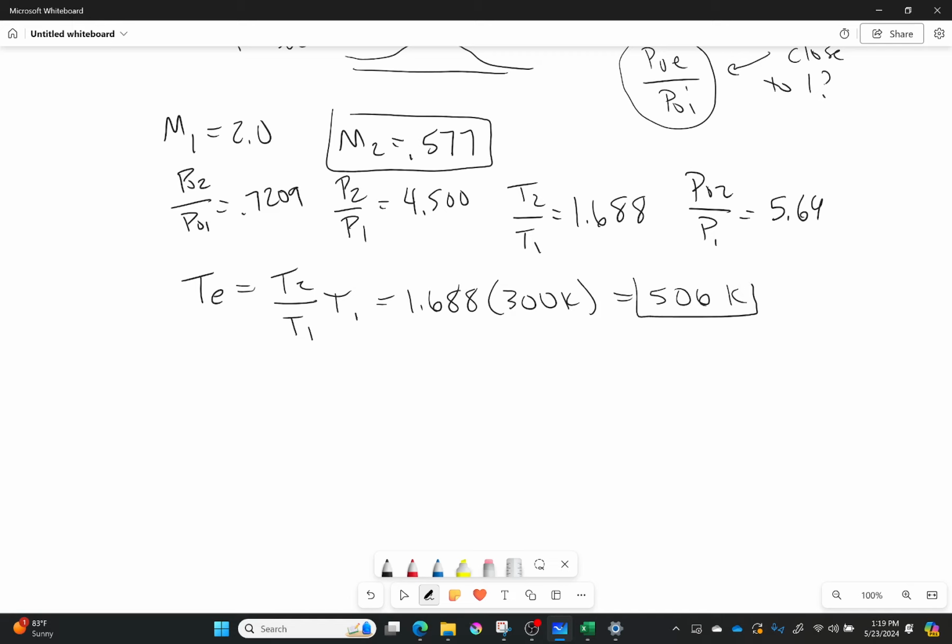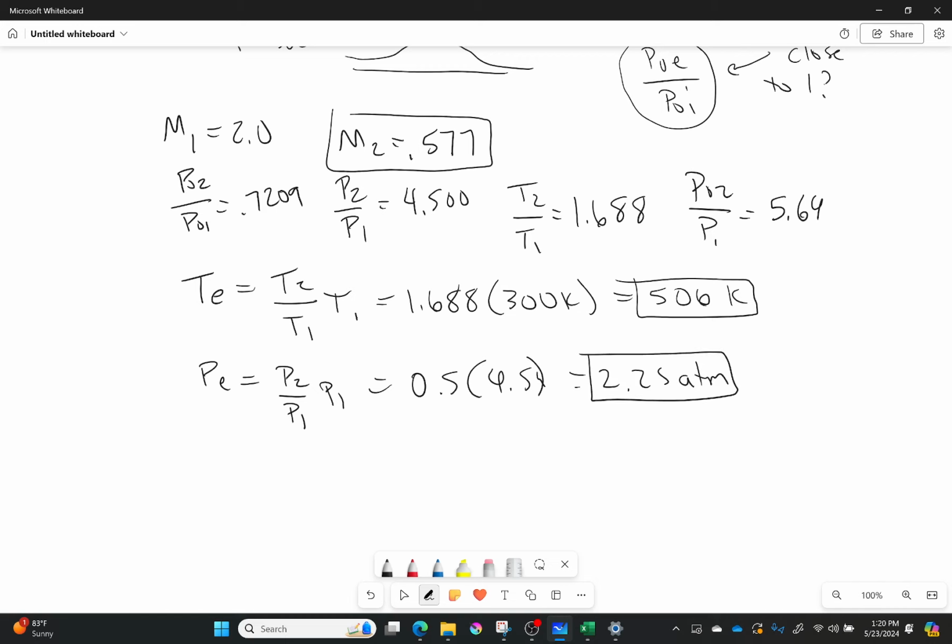Okay, got my temperature. Let's find my exit static pressure. PE is equal to P2 over P1 times P1. My pressure 1 was half an atmosphere, so 0.5 times 4.5 is equal to 2.25 atmospheres.